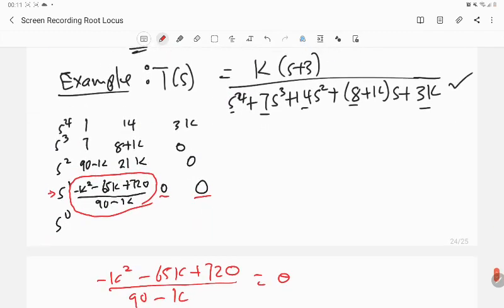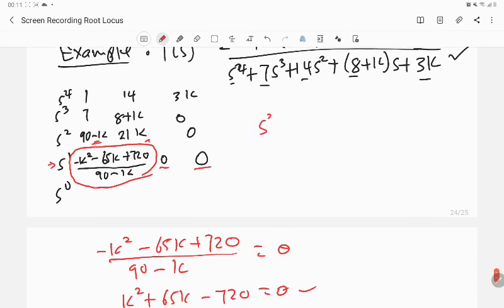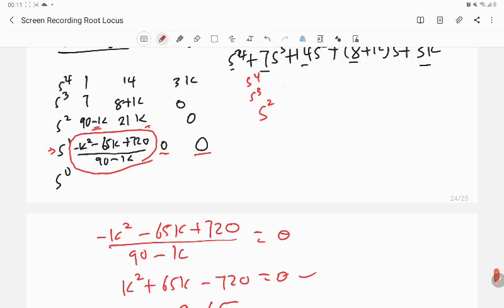So what we'll do is we'll come back to this portion and substitute that here and there. And so S4, S3 will not change, or they will change, but we are not even interested. But the S2 then is going to be 90 minus 9.65, and then 21 times 9.65, and 0.